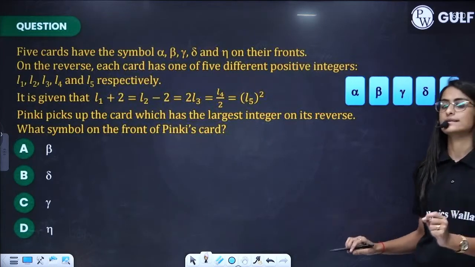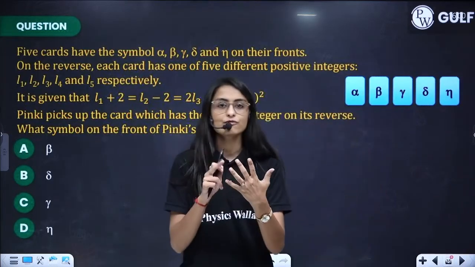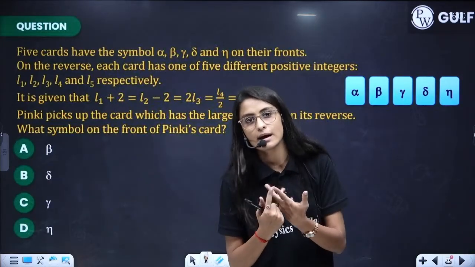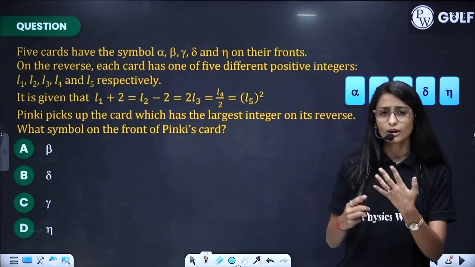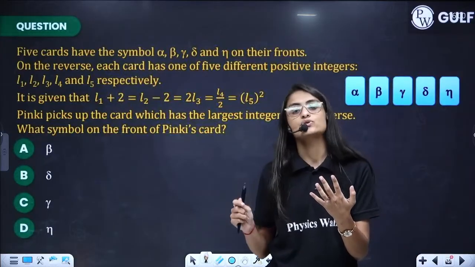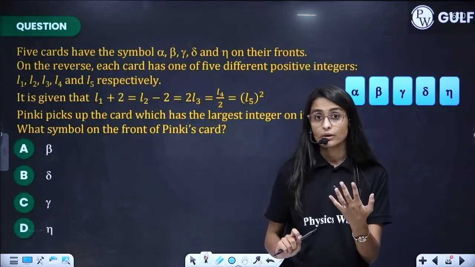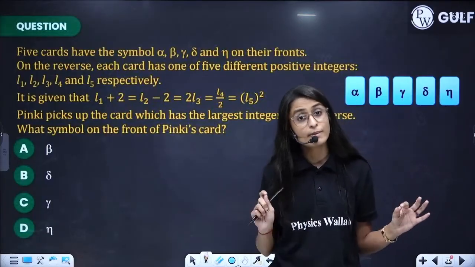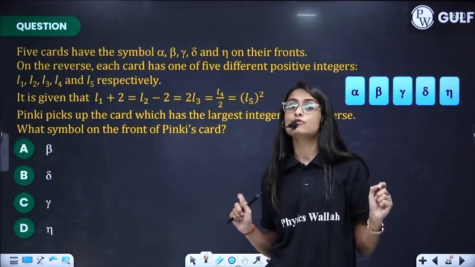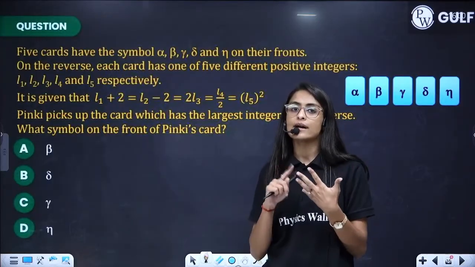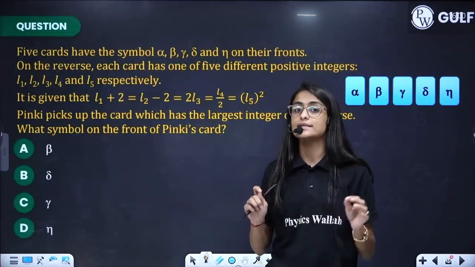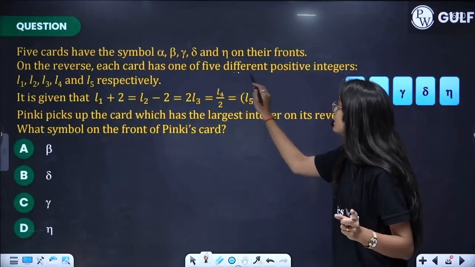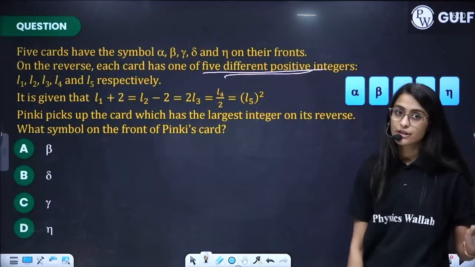I'm giving you one example with the cards having 1, 2, 3, 4 and 5 on the backside, and in the front alpha, beta, gamma, eta and delta. You have to pick a card at random which would have the highest integer. The condition is all the integers will be different. So you have to find amongst I1, I2, I3, I4 and I5 which is the greatest integer. The hint over here is each and every card has a different positive integer.